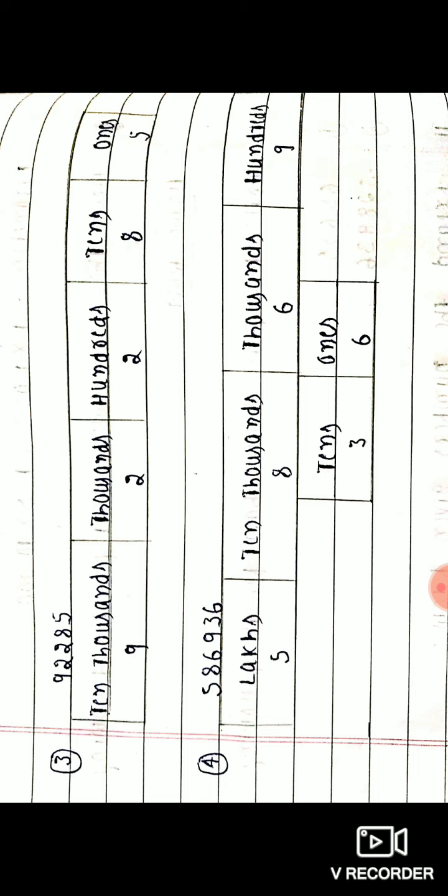So write ones place, that is 6, tens place, that is 3, 100 place is 9, and 1000 place the number is 6, and ten thousands 8, and the last lakhs place is 5. Therefore 5,86,936.